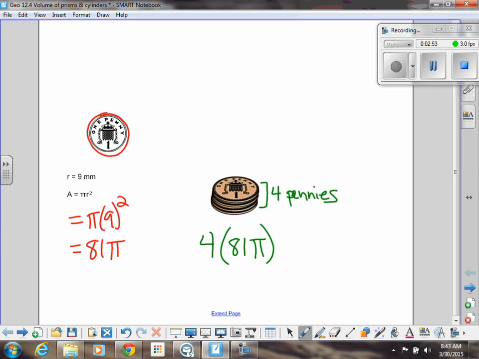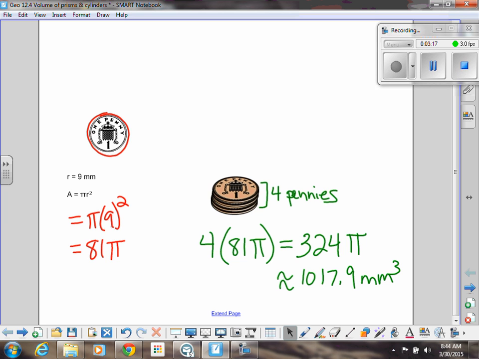So the amount of space all of those take up is 4 times 81, which is 324 pi. Or if we wanted a decimal, that would be 1,117.9 millimeters cubed. So if you think about it, we're basically just taking the shape of that base, stacking them up, and counting how many we're stacking up.